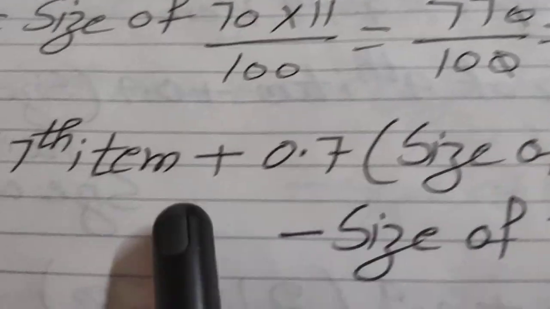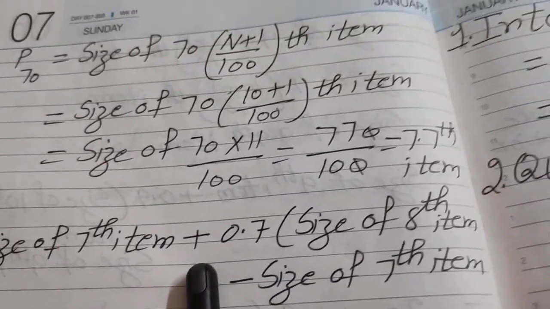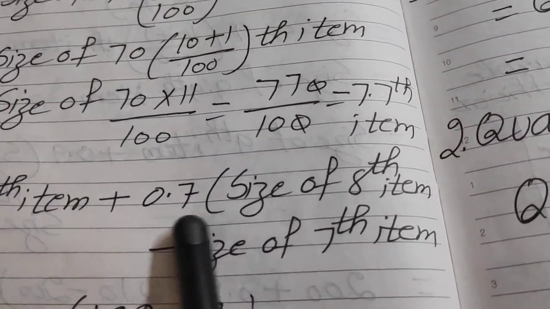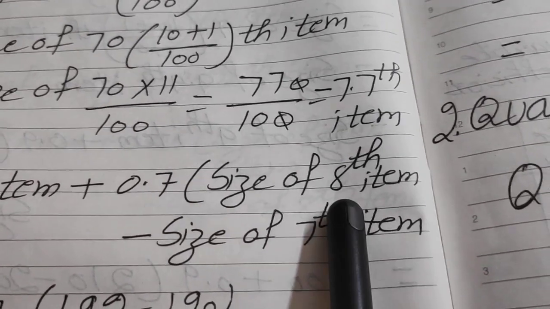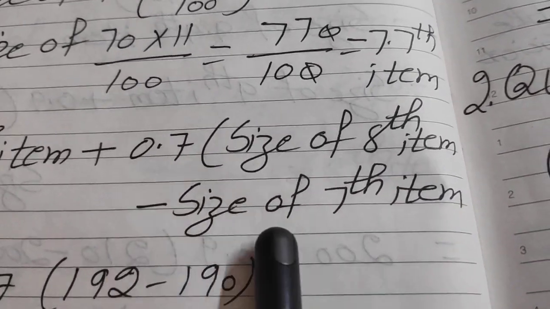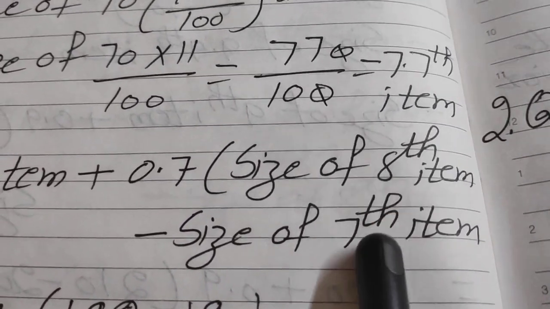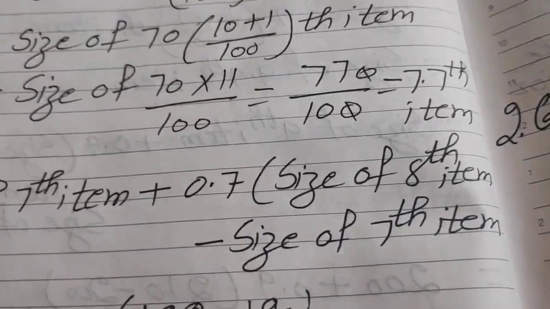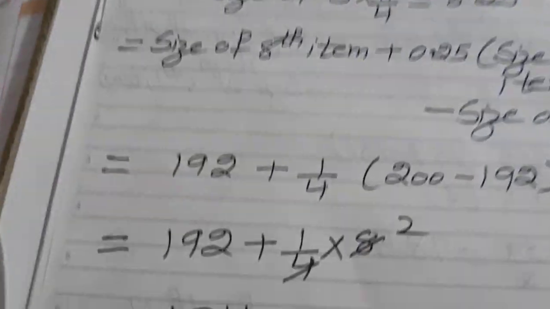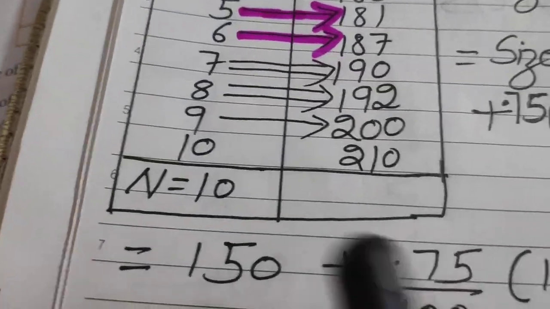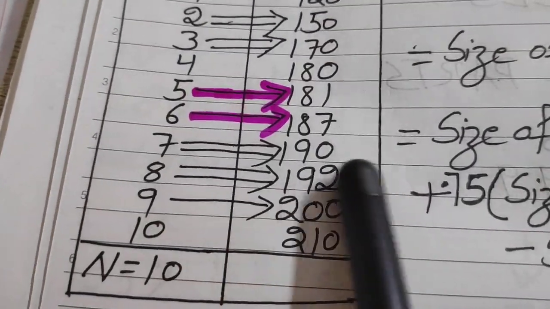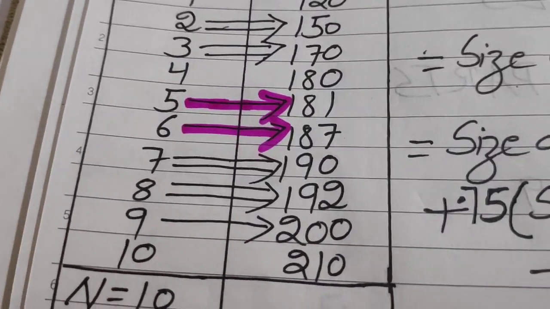Again same way, size of 7th item plus 0.7 into size of next item. Next कौन सी है, 8th minus size of 7th item. Now we need value of both 7th item and 8th item. 7th की वैल्यू है 190 and 8th की वैल्यू है 190.